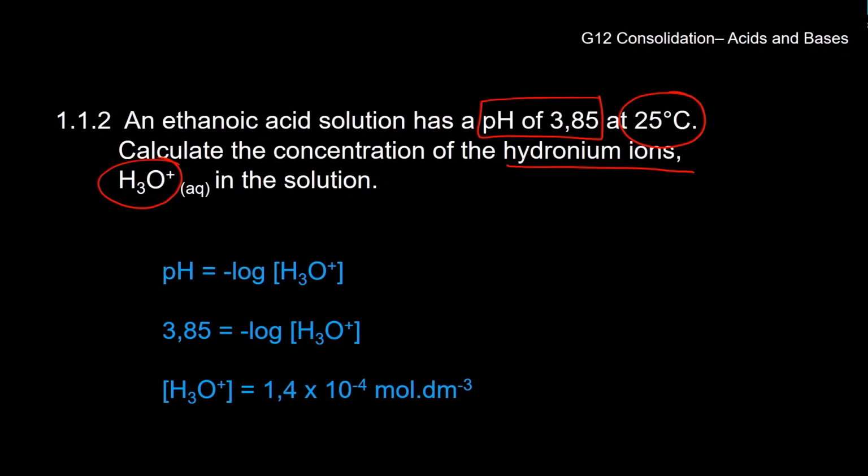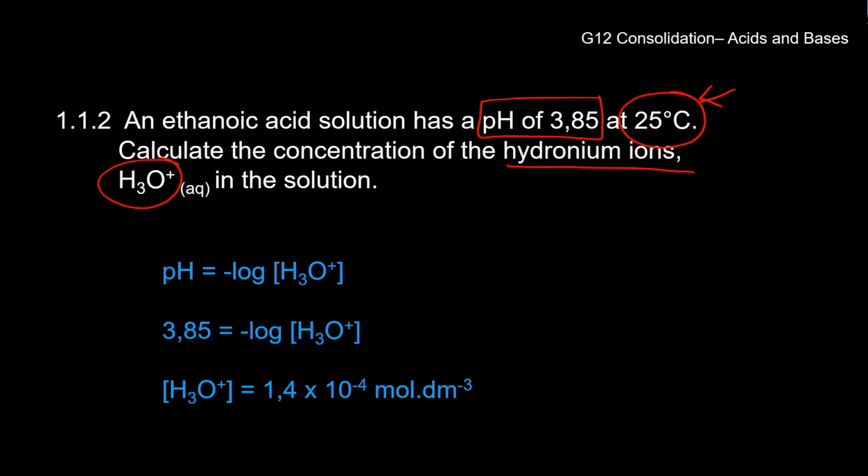Grade 12s, let's get back to our question. We are given a pH of 3,85 at this particular temperature, so that we know that we're dealing with an equilibrium constant at the correct temperature.